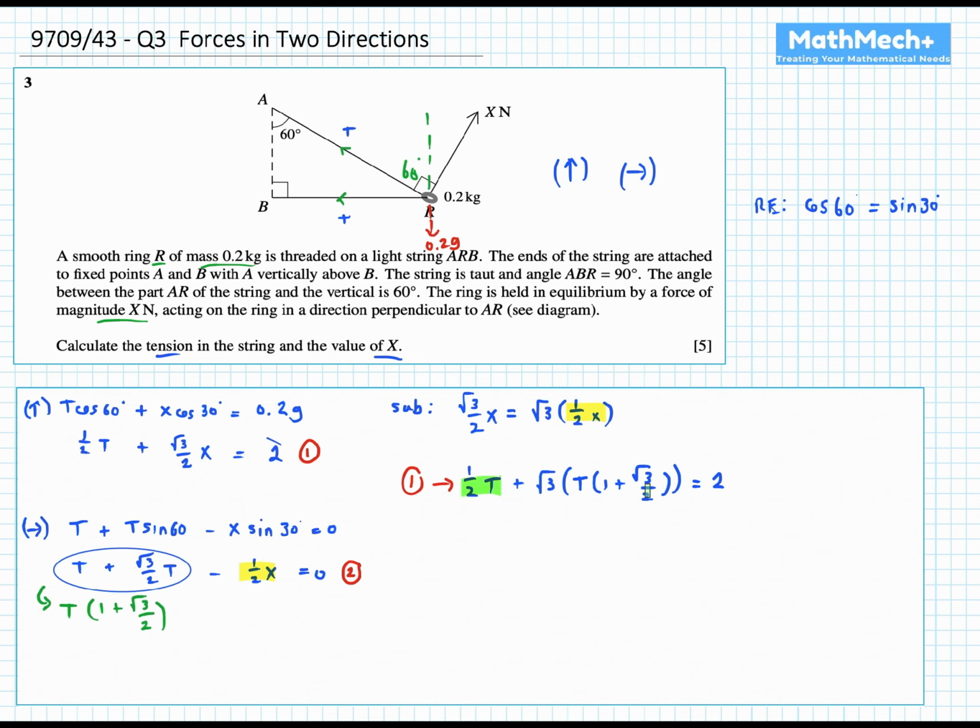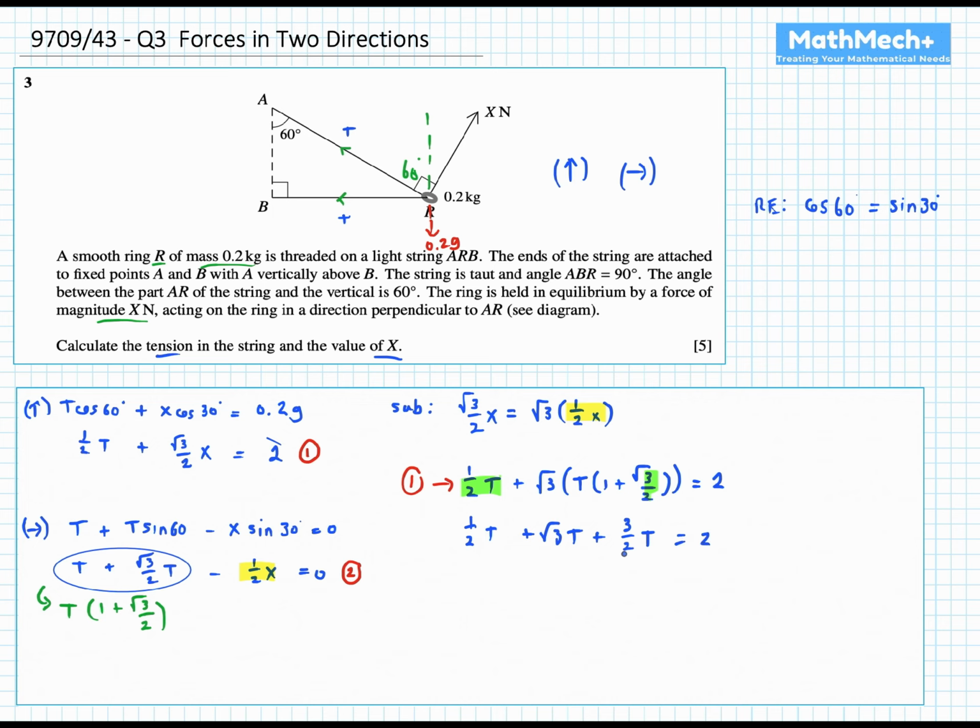And from there you can start to minimize, so those T's can go together when you multiply it out. So it'll be root 3 T and so on. Let's just simplify it first. Root 3 times T plus, again, root 3 times root 3 is 3 over 2 T, and it's equal to 2.